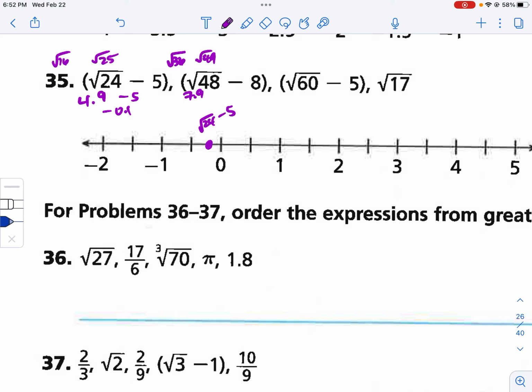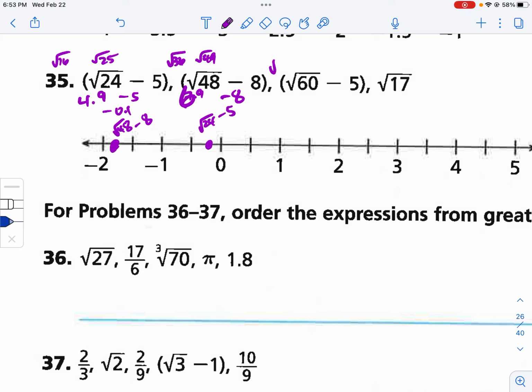The square root of 24 minus 5. Oh yeah, I was right. The square root of 48. Oh, that's the problem. That's 6.9 minus 8. That'll get down over here. Okay, the square root of 48 minus 8.